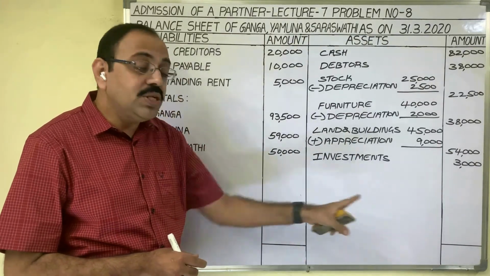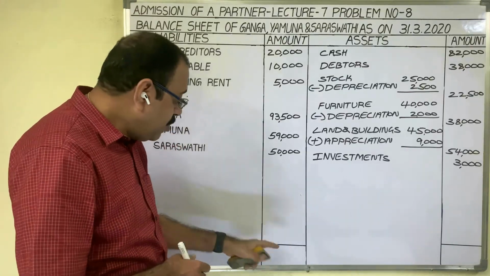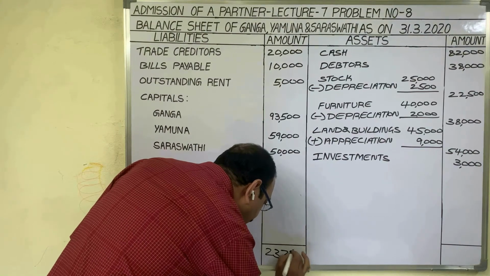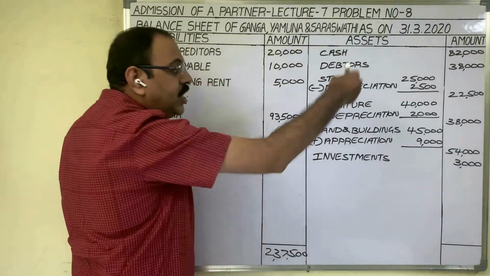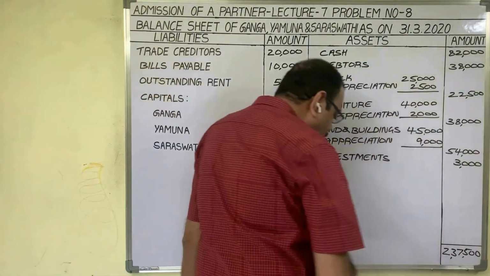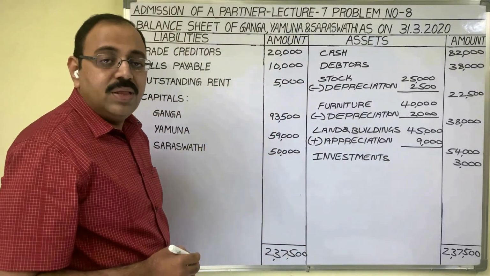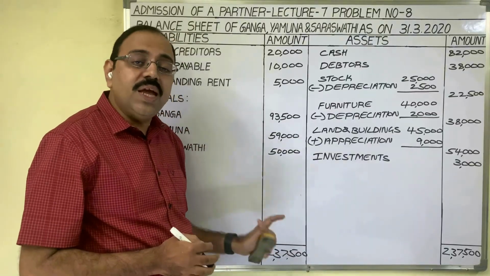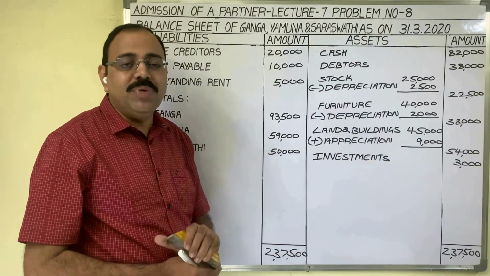Finally, put the totals on two sides. Liability side total is 2,37,500 rupees. Asset side also find out the total. So two sides totals are same. Thus, in balance sheet, two sides you have to get the same total. Then only a problem is correct.